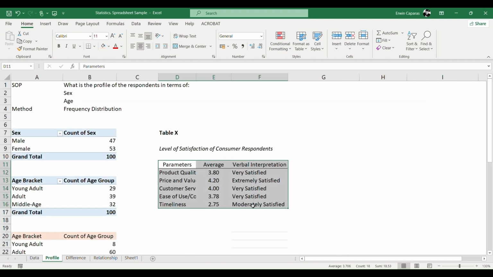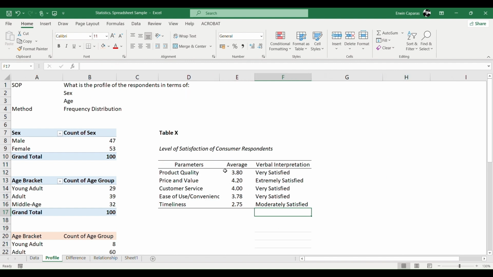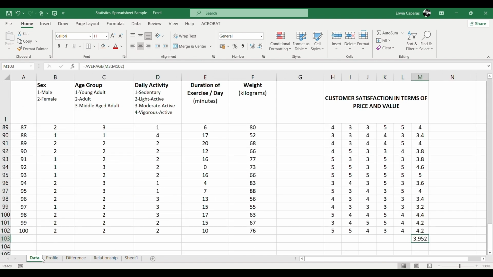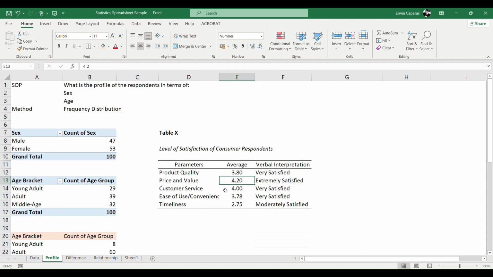So if we will be transferring, for example, for the price and value, we have 3.952 or 3.95. So we have 3.95, and then you make a verbal interpretation.